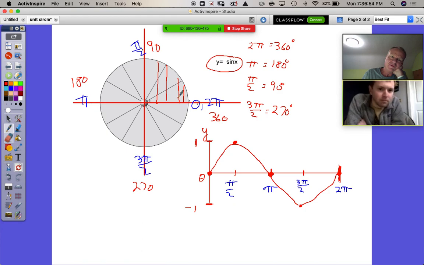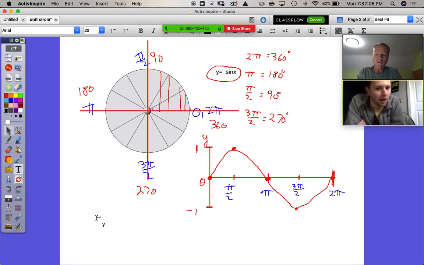Think we're ready for cosine? I hope so. I hope they remember that cosine represents the x value of your point on your Ferris wheel. And so we're going to have to think of the graphing of our cosine function the same way as how we graphed our sine function, but instead of focusing on how high we are or how far above the x-axis we are, we're going to figure out how far away from the y-axis we are with the cosine of x.